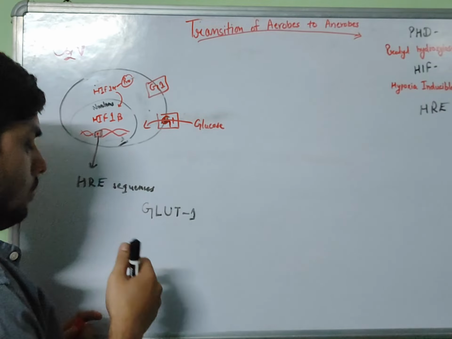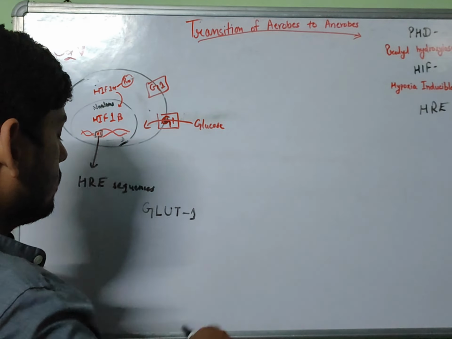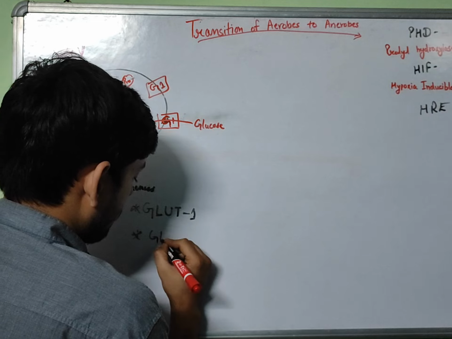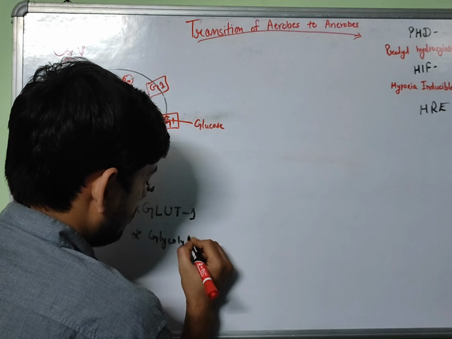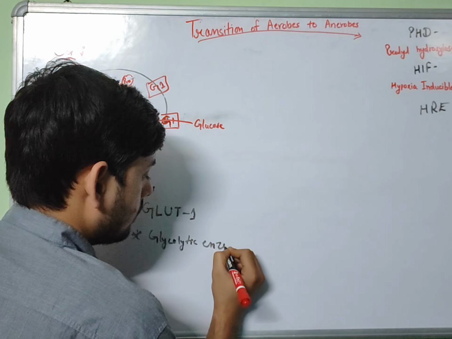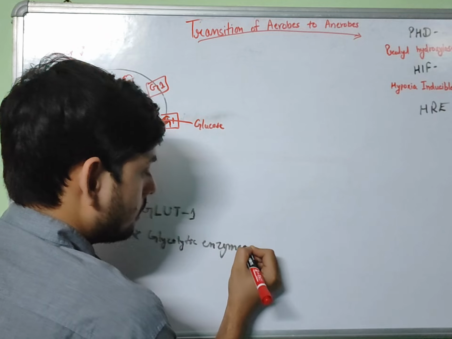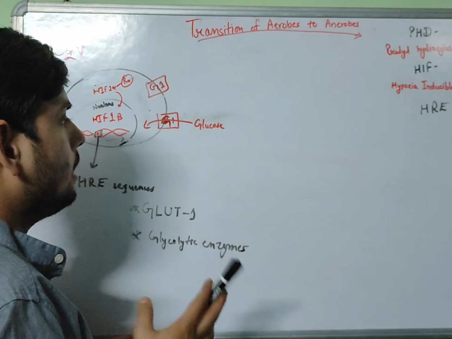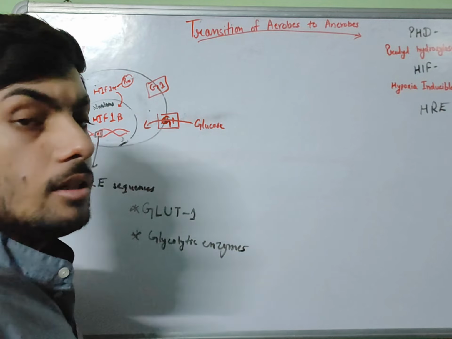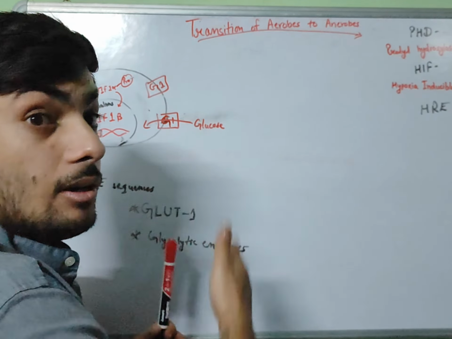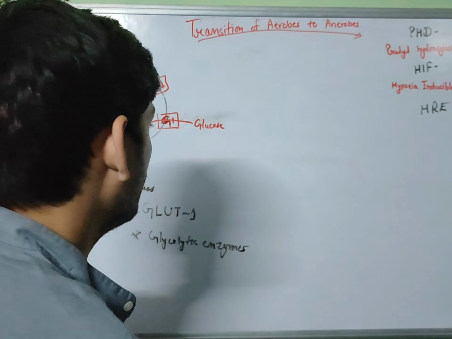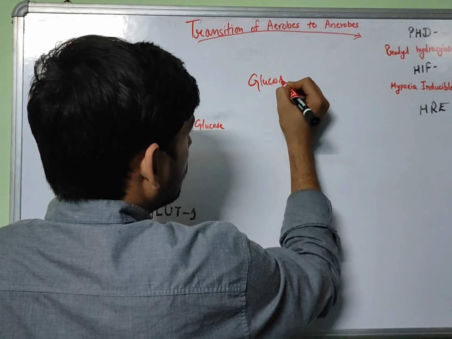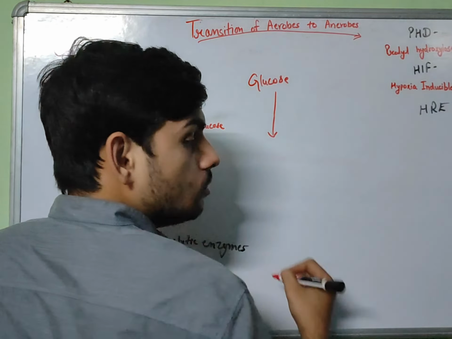Apart from GLUT1, some glycolytic enzymes will also form, and these will help in glycolysis, meaning the breakdown of glucose. Our glucose will break down using the glycolytic pathway.